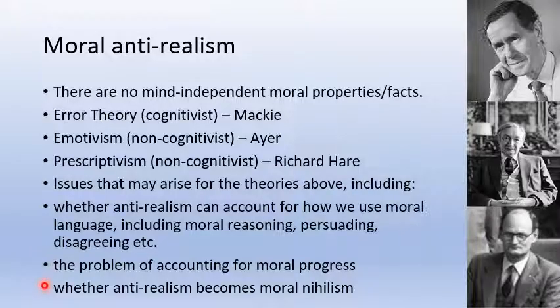And then perhaps the major one, although it's maybe expressed a little bit oddly on the specification, is whether anti-realism becomes moral nihilism. So as you know, nihilism, belief in nothing, nihil, Latin, nothing. Moral nihilism: nothing is true, nothing is good, nothing is right. So doesn't this mean you can just do whatever you want?